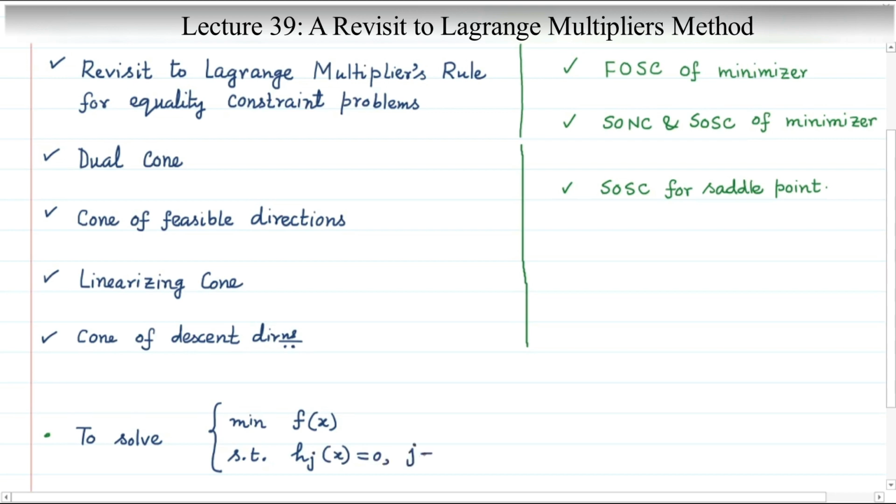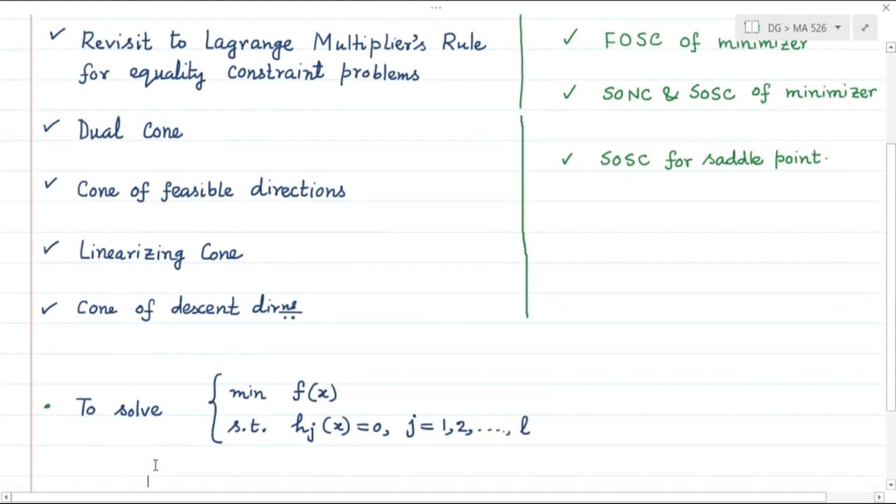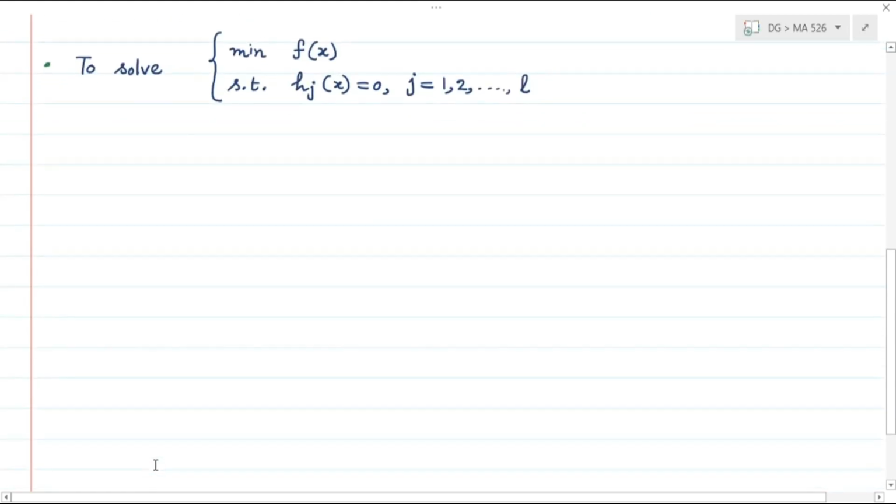Let's suppose we have L many equalities, so the index j runs from 1 to L, and here the variable x is a general variable coming from the n-dimensional Euclidean space.